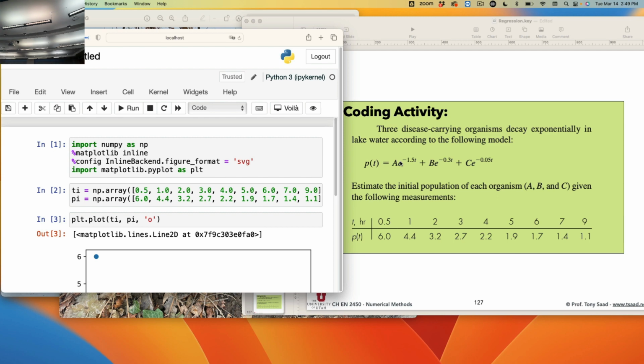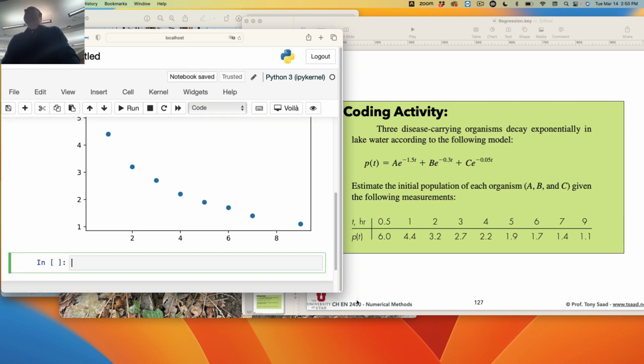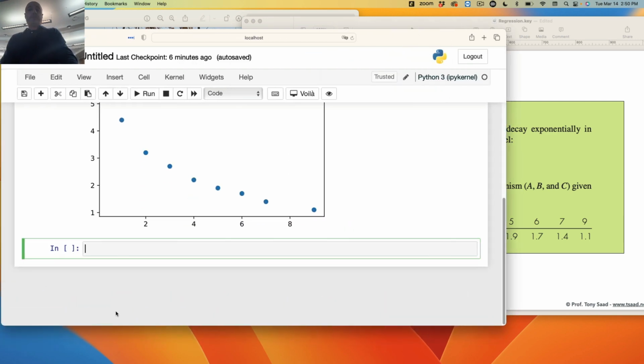Because at t equals 0, you're going to get a and b and c, right? For each population. So the way they built this model is that they probably knew that the first organism decays at a rate of e to the minus 1.5t, and the second organism is at a rate e to the minus 0.3t, etc., by studying populations of organisms, right? So that's how they built up this model. Okay, I don't think we need the slide anymore.